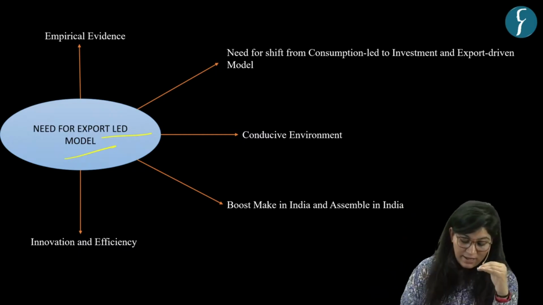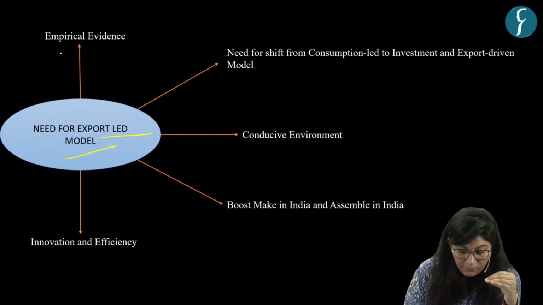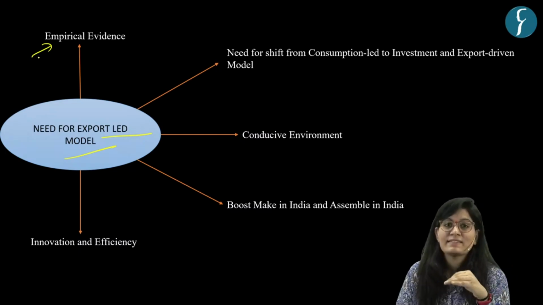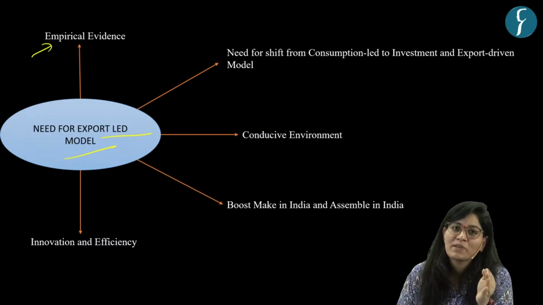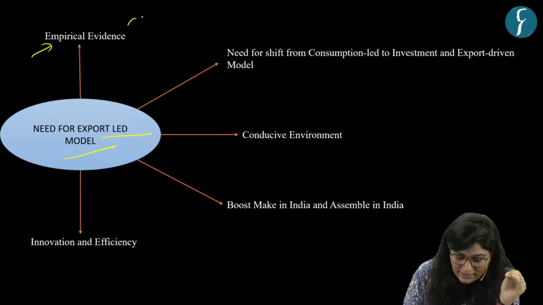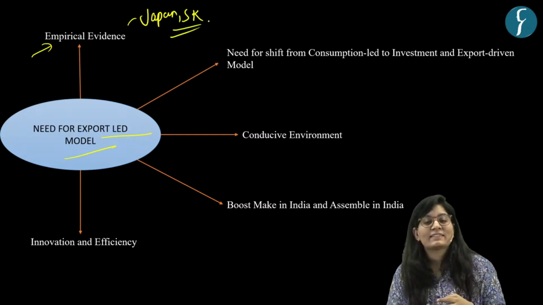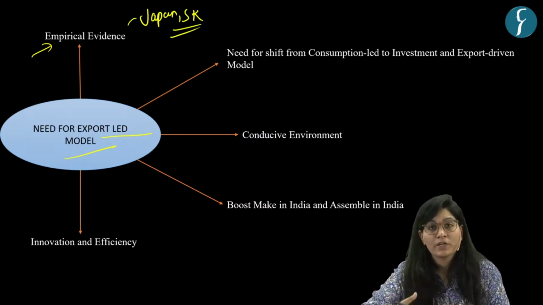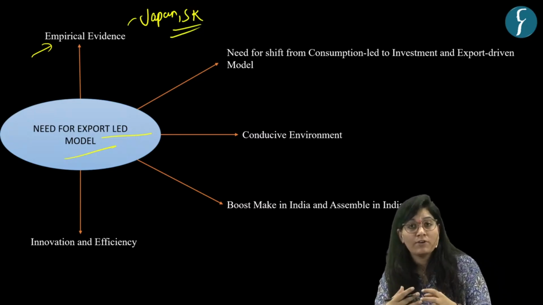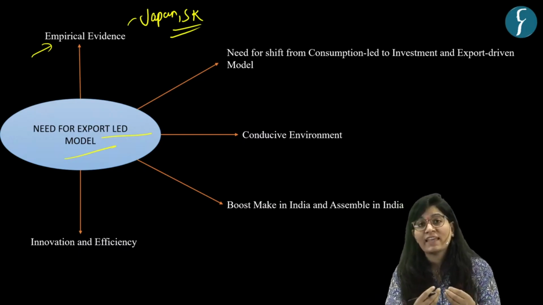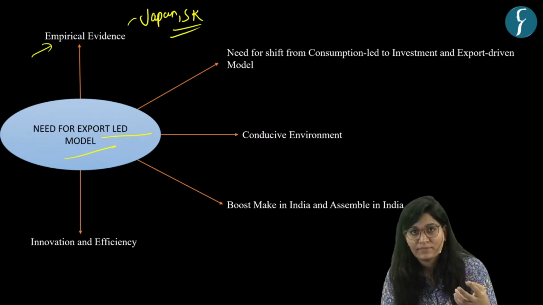Now, first is empirical evidence. What do you mean by empirical evidence? Countries like Japan and South Korea have achieved high economic growth by walking the path of an export led growth model.